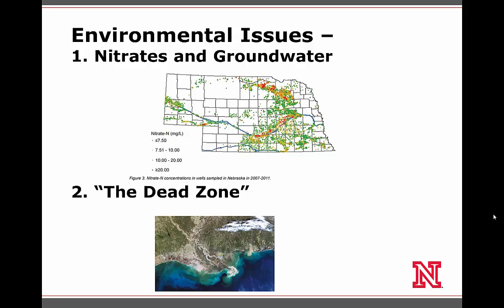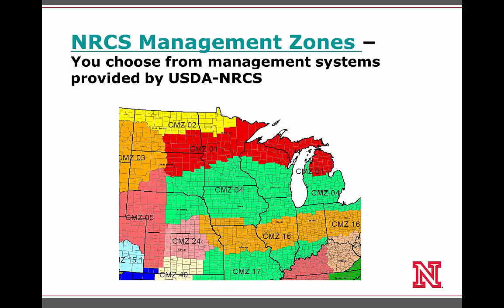And what that does is causes algae blooms. And when you have that, it takes the oxygen out of the ocean water. That's really devastating to fisheries in that neck of the woods. And so we need to think about that with our conservation practices and try to keep as much sediment, as much nutrient, nitrogen and phosphorus on our farm fields as possible.